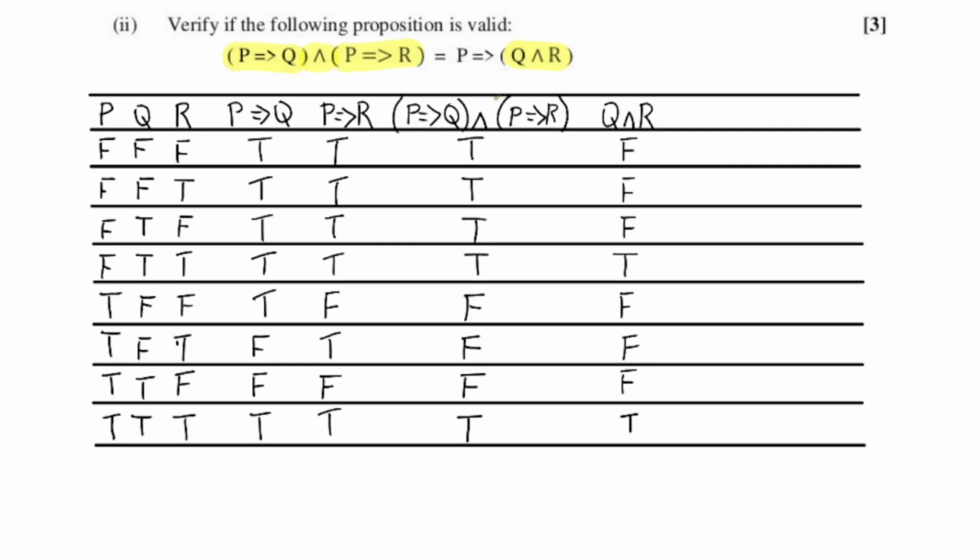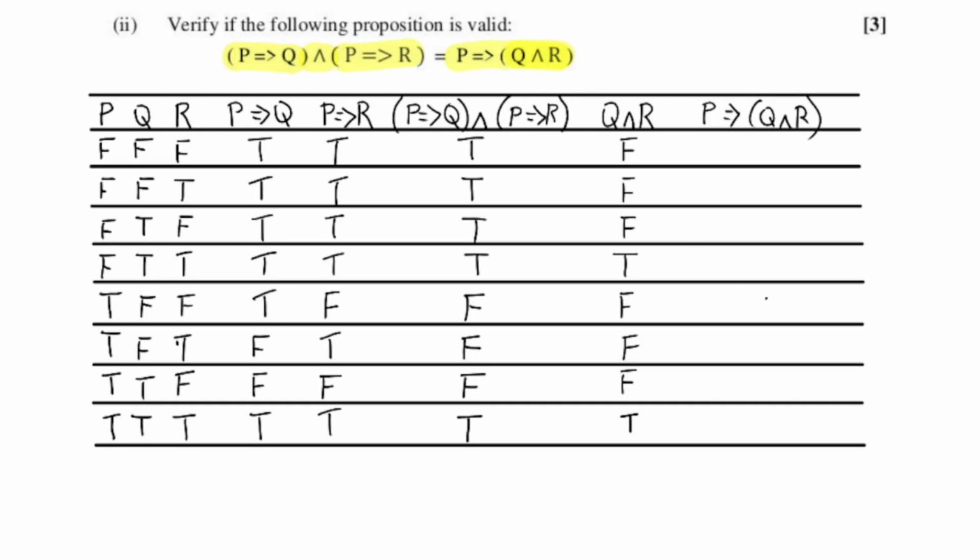That's it. Now the last column will be for P implies Q and R. We already have Q and R, so now we have to make P implies Q and R. Again, P implies Q and R will be false when P is true and Q and R is false.